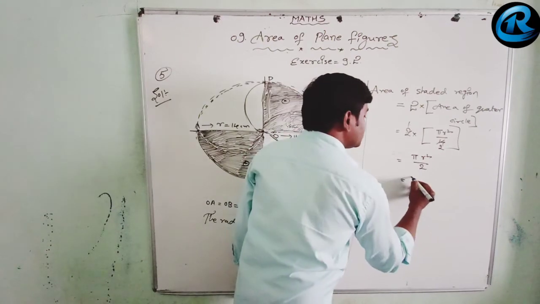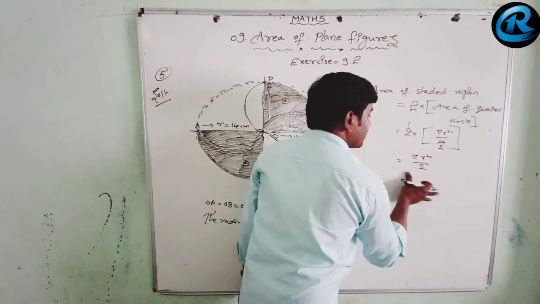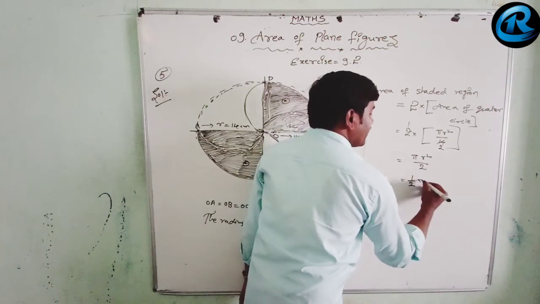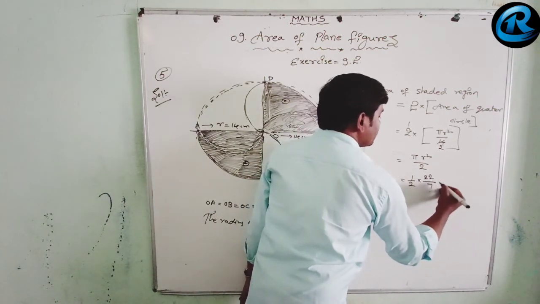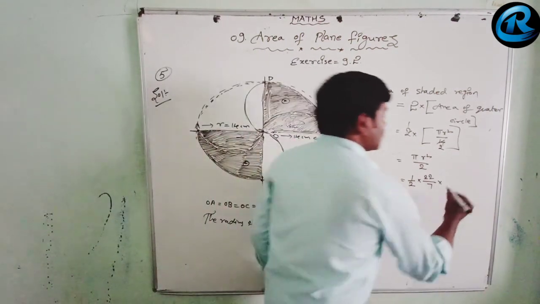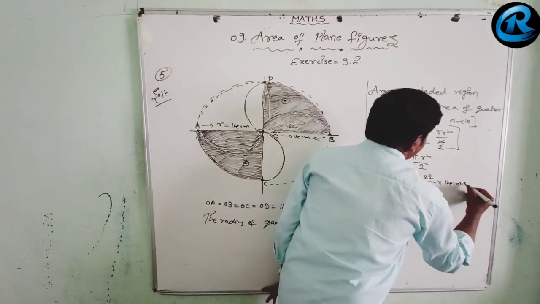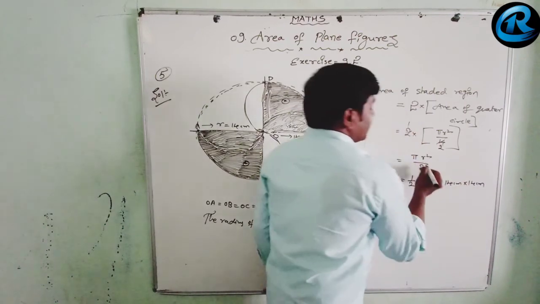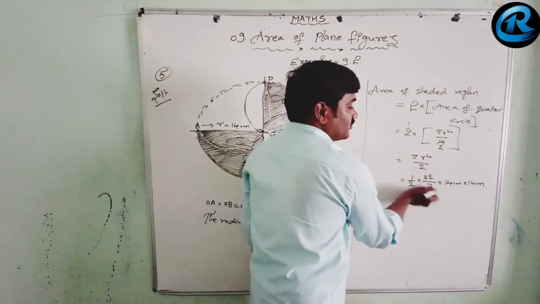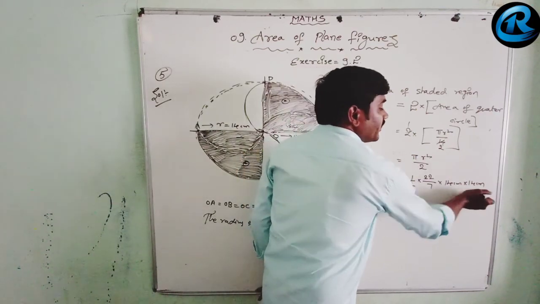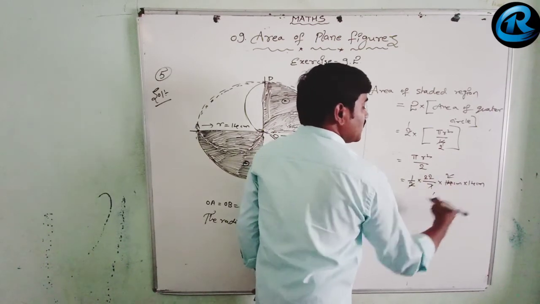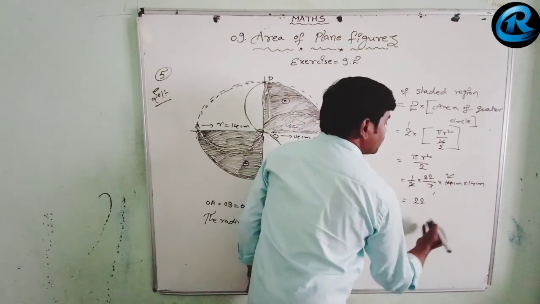So here the 2 I will write as 1 by 2, and the pi value is 22 by 7 into r square. The r value is given as 14 centimeter. So 14 centimeter into 14 centimeter. I have written 1 by 2 here. Pi value is 22 and r square is 14 centimeter into 14 centimeter. 7 ones are 7, 7 twos are 14. 2 ones are 2, the 2s get cancelled.